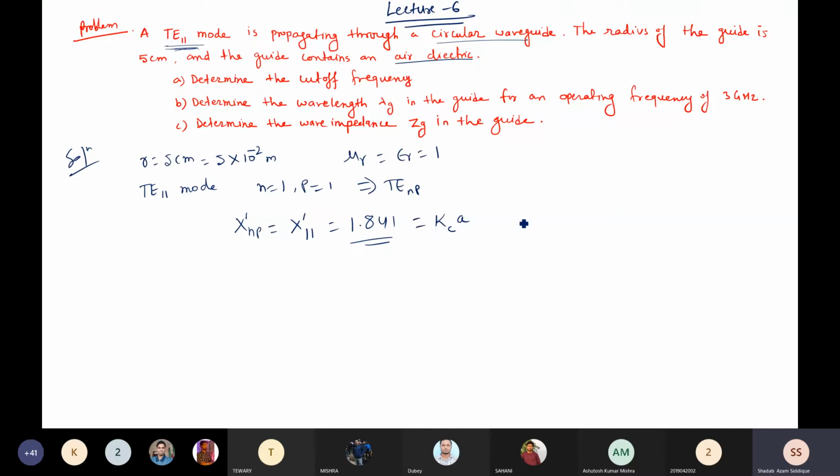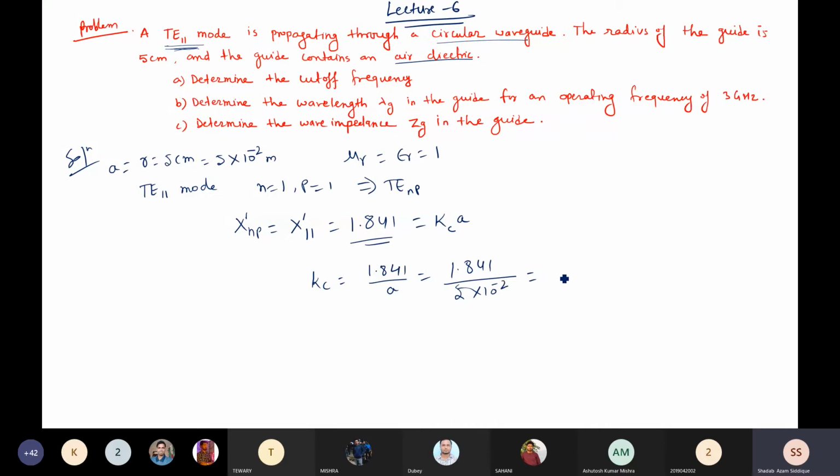From this we can find out the Kc value. Kc can be written as 1.841 divided by a, where a is nothing but the radius. So 1.841 divided by a, which is 5 into 10 to the power minus 2.